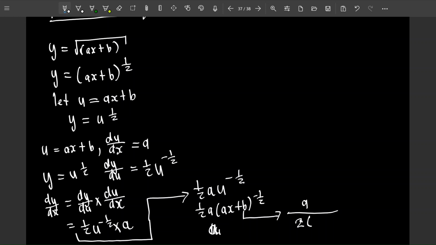So if I put it in the denominator, it will be ax plus b raised to the positive half. And any number raised to the power of half is the square root of that. So it's going to be equal to the last line, a over 2 root of ax plus b. This is going to be your derivative, your dy dx. Remember that this is your dy dx.